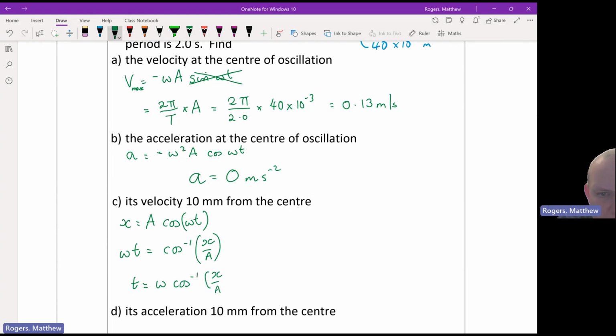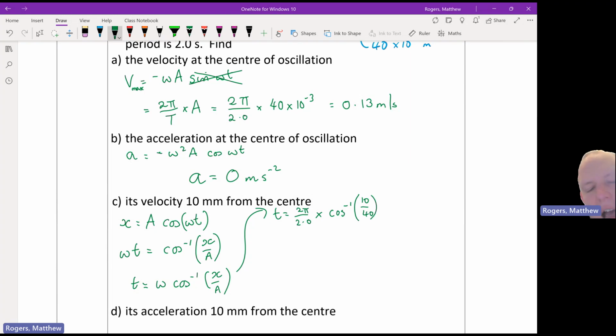I'm going to carry on up here, so I've got some space. So t is equal to omega, so that's 2 pi over the time period, which we already know is 2 seconds, multiplied by the inverse cos of its current displacement, so that's 10 millimeters, over its amplitude, which is 40 millimeters.